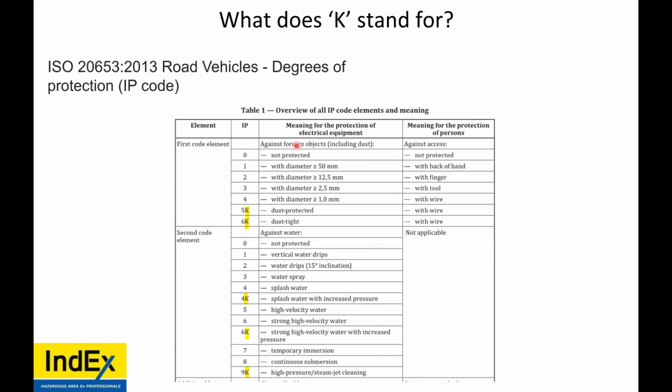As the vehicle drives down the road, water that's suspended in the air or raining, the speed of that vehicle increases the force, speed times mass. So the speed of the vehicle adds to the force of that water. So the K is for increased pressure and increased requirements for dusts.